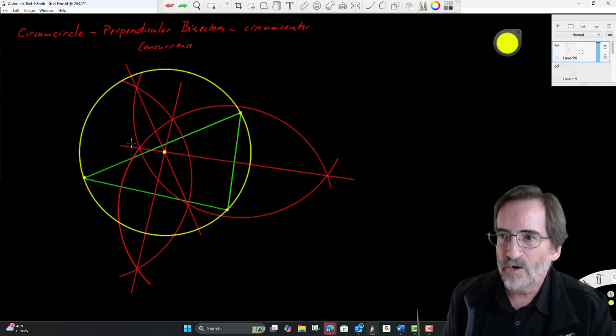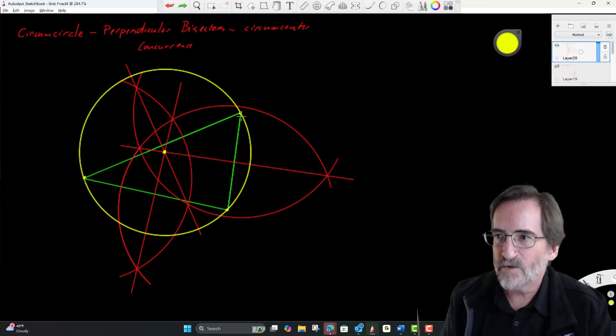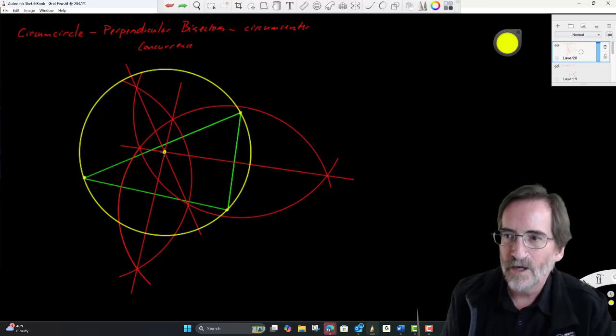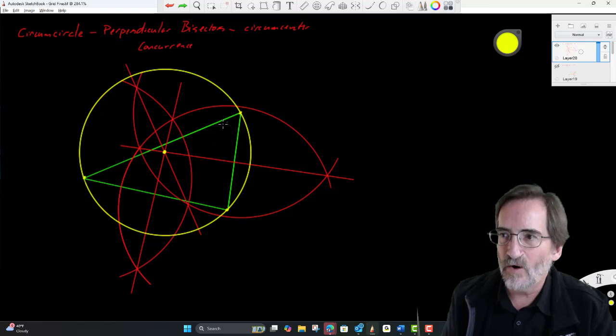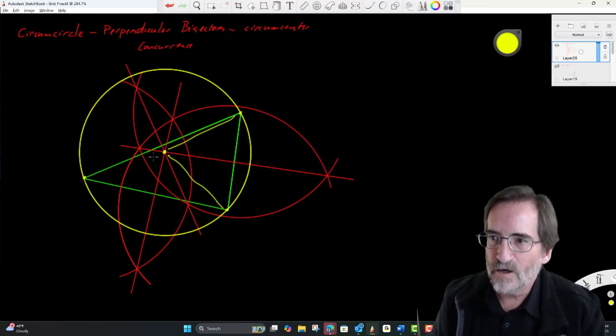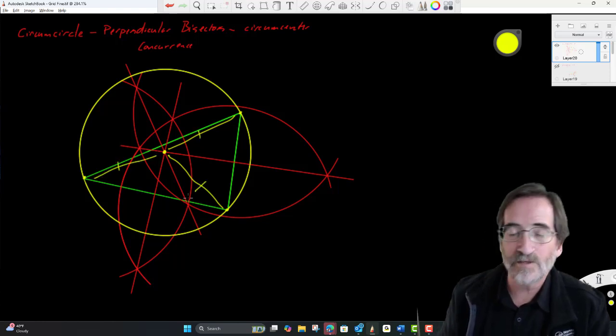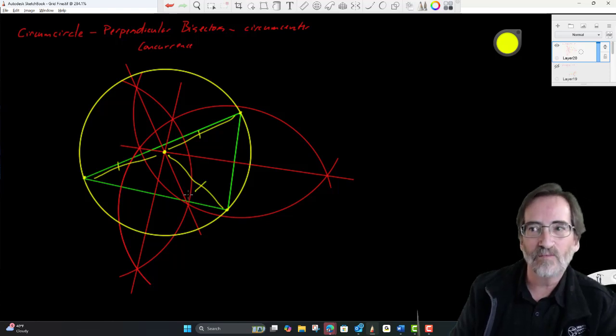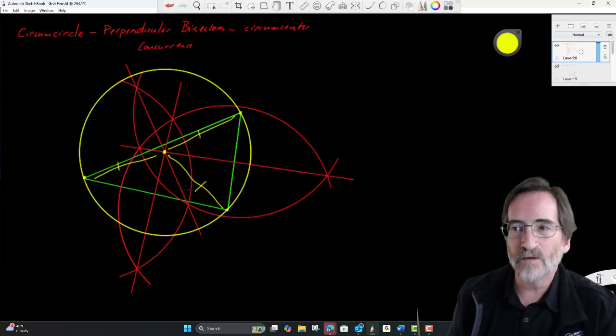And any point on this line is equidistant from the endpoint. So what we have found is we found the one point that is equidistant from all of the corners of the triangle. All of these are the same distance. And what is a circle? A circle is a shape created in a plane where all points are equidistant from the center of the circle.